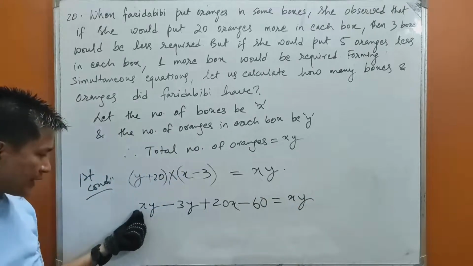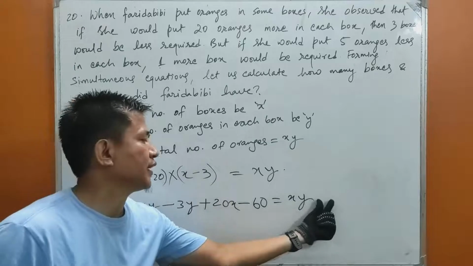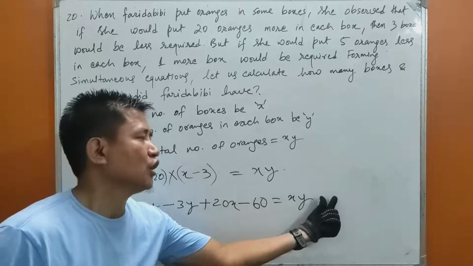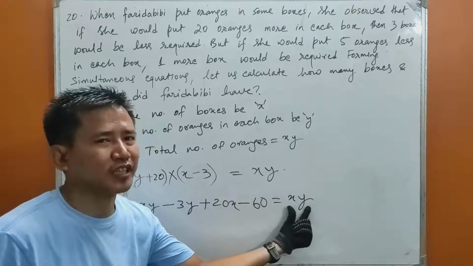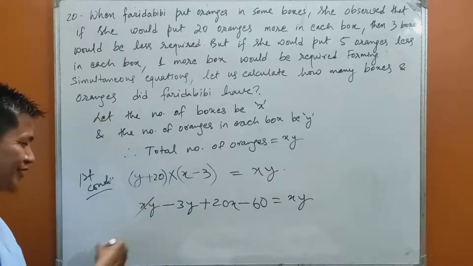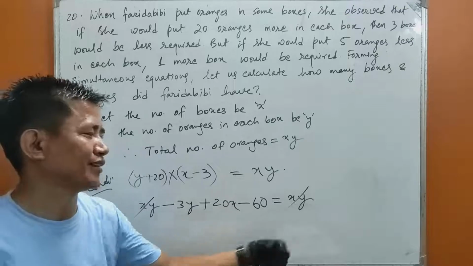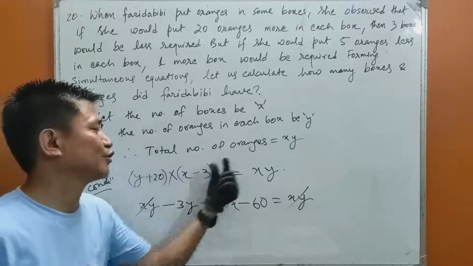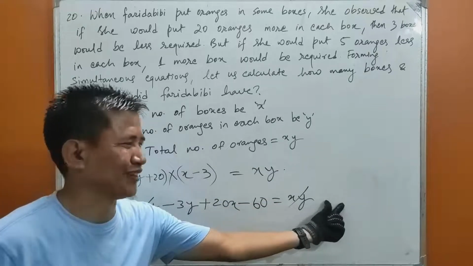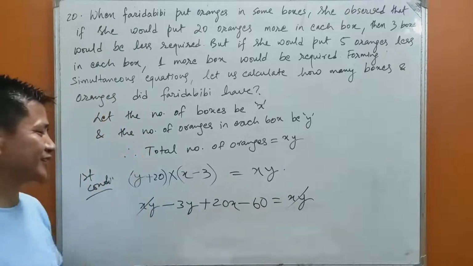So if I take this plus xy to the right hand side, it becomes minus xy, isn't it? So that minus xy and this plus xy can be cancelled. So why not cancel here itself? And it cancels out.